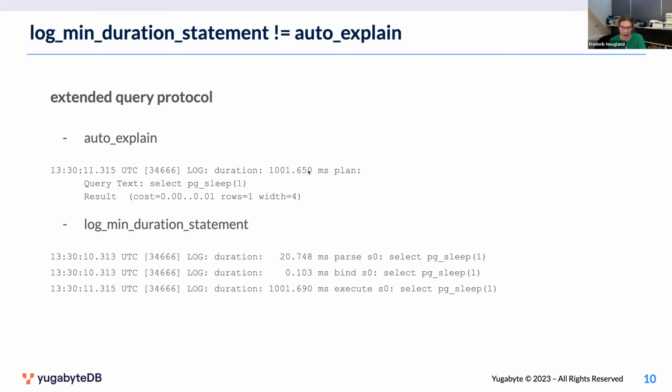That's the reason this time is slightly less. But these two are alike, and what this means is that auto_explain only times the duration of the execute part of Postgres execution. In other words, not the latency that a client is actually experiencing.